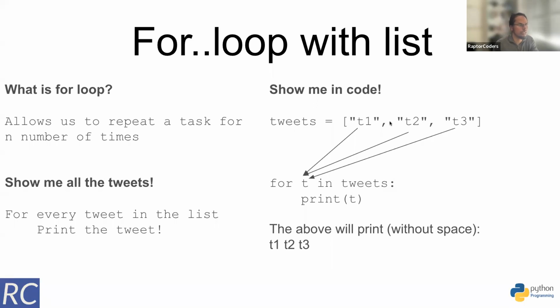And in order to show T1, T2, and T3, we have for T in tweets. This is a Python syntax for the loop. For the ones who are seeing it the first time, we just have to understand it and memorize it. It's just a syntax that Python understands as a loop.